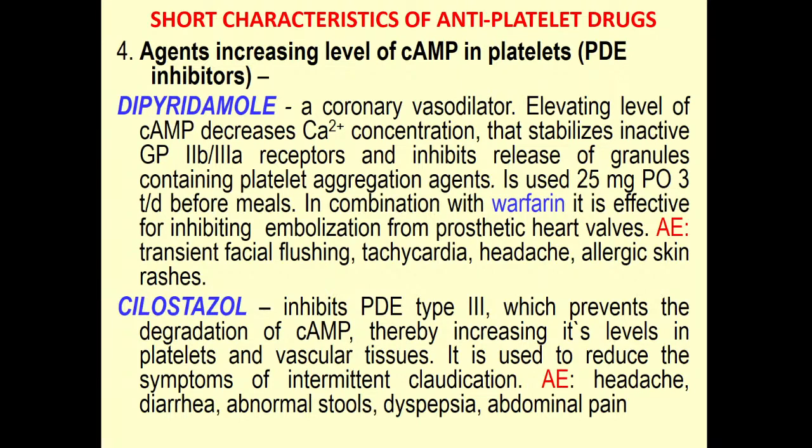It is used to reduce the symptoms of intermittent claudication. Possible side effects are headache, diarrhea, abnormal stools, dyspepsia, abdominal pain.